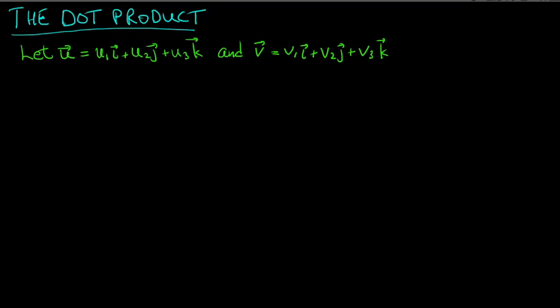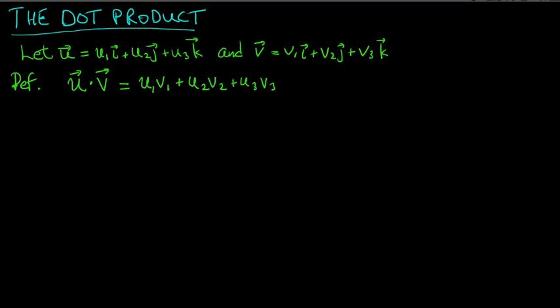So the definition of the dot product, we're going to denote it by taking u dot v, so just a little dot between the vectors, and it's defined to be the sum of the products of the individual components. So u1 times v1 plus u2 times v2 plus u3 times v3.